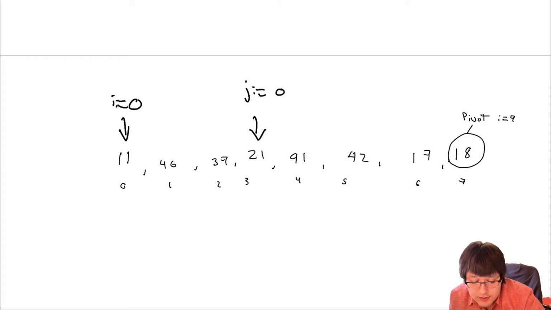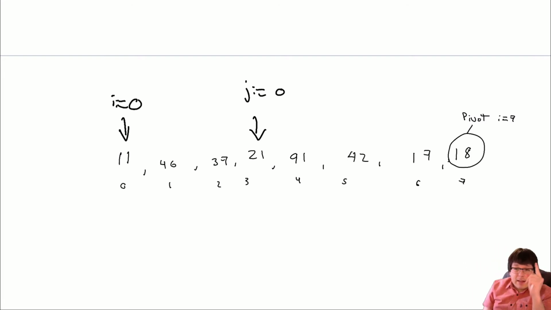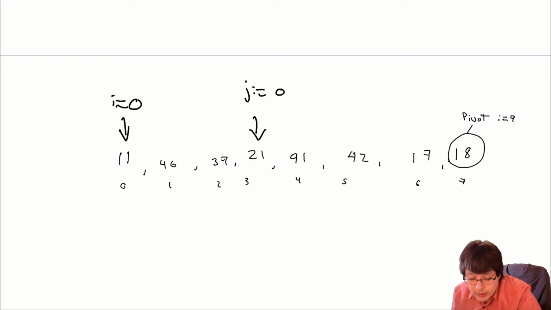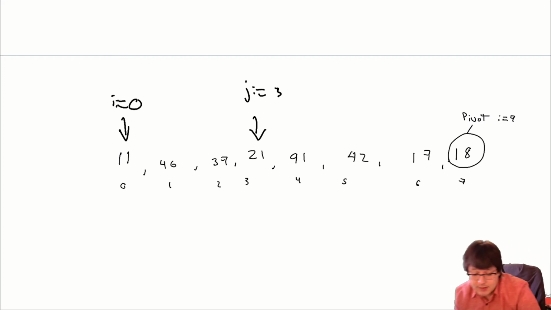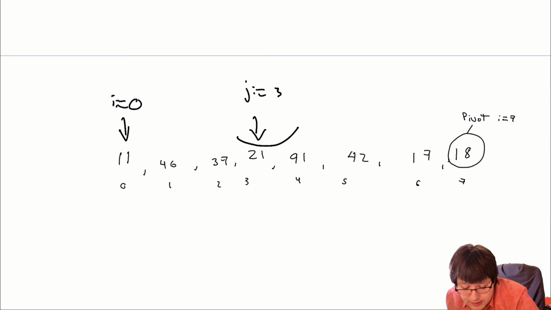Once he does that, think about what is happening here. The fact that J went all the way until spot 3 means that anything before it, but after I, has to be greater than the pivot. That's going to be useful to us, because we know that index 1 is greater than the pivot. So we keep increasing J until we find something, again, smaller than the pivot.